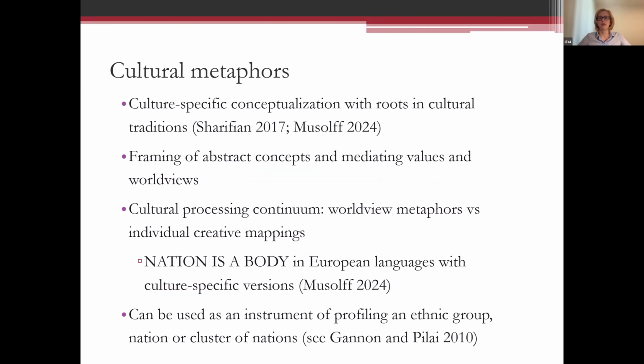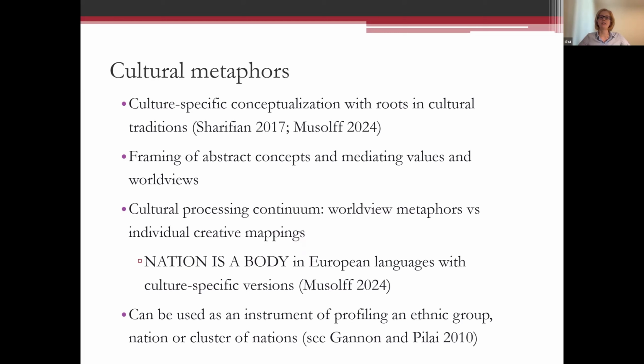Cultural metaphors are culture-specific conceptualizations with roots in cultural traditions. They help to frame abstract concepts and simultaneously mediate specific values and worldviews. Professor Sharifian spoke about different cultural metaphors that exist within a cultural processing continuum.